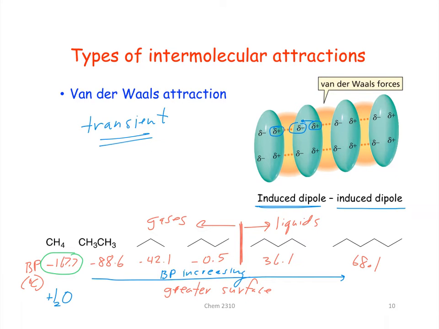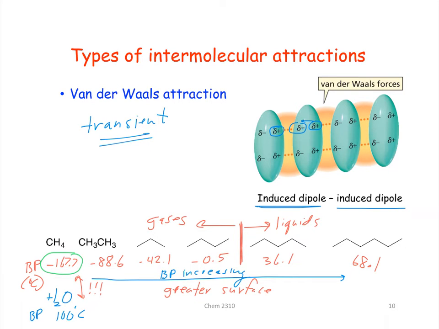Water and methane. Methane has a mass of 16, and water has a mass of 18, so they're both very similar. But what's the boiling point of water? The boiling point of water was 100 degrees Celsius. Look at the difference between these two. We should put a couple exclamation marks here.